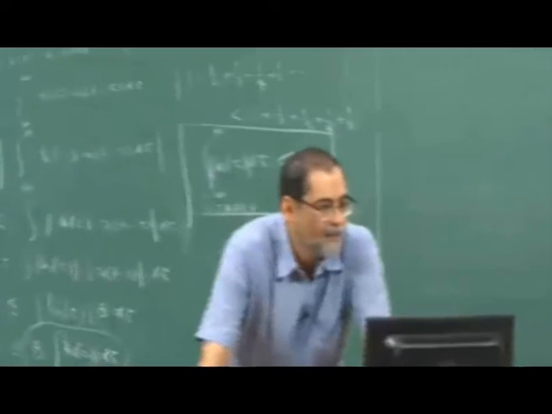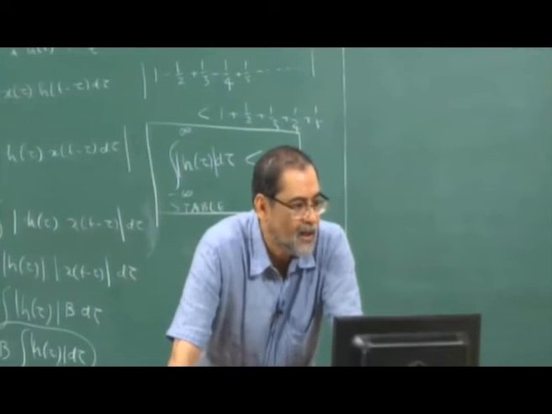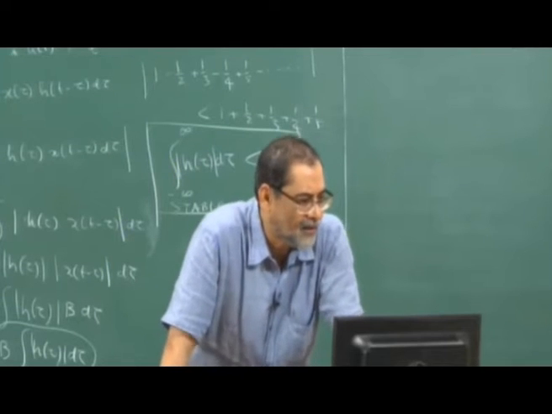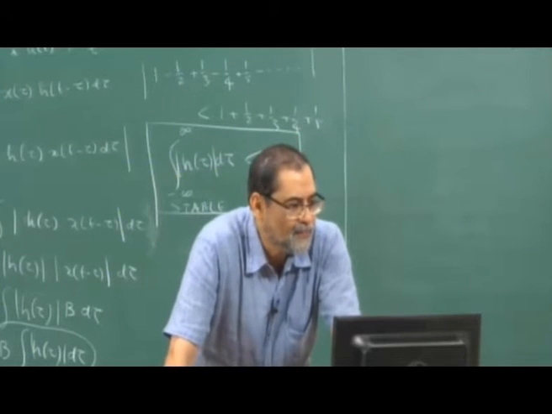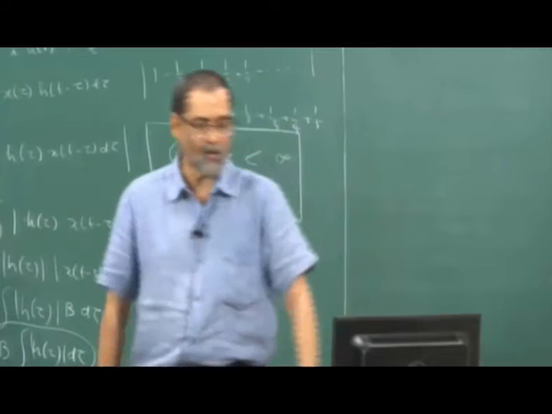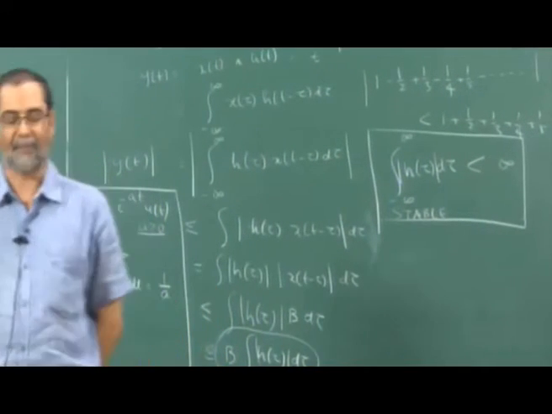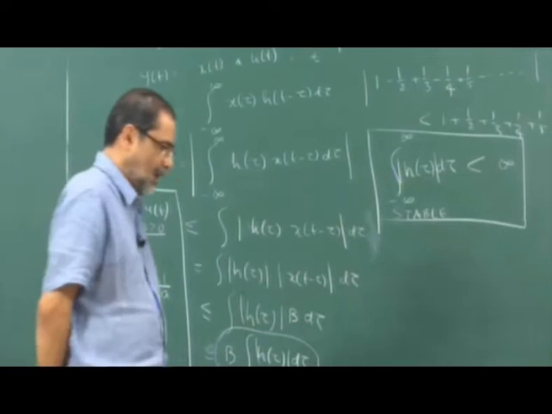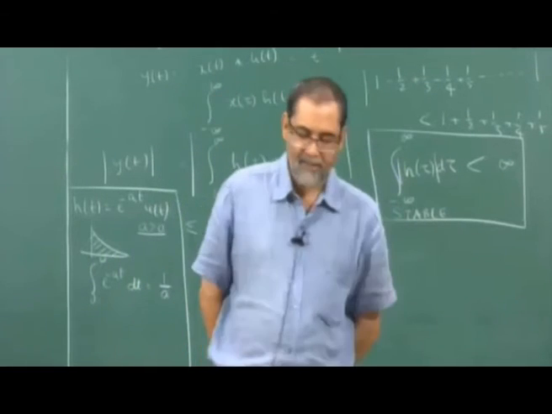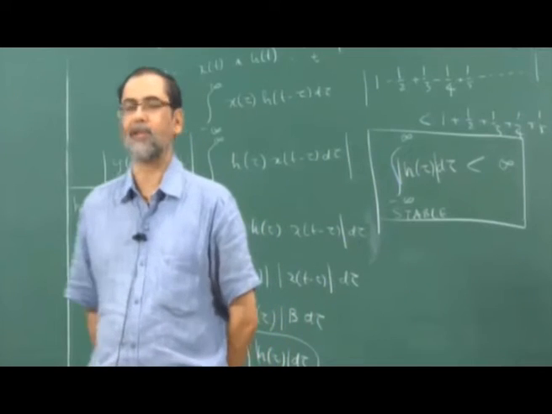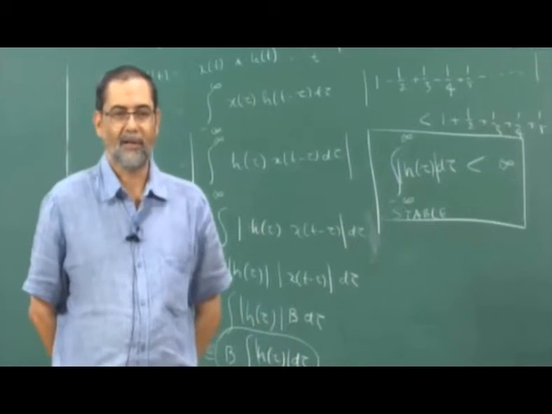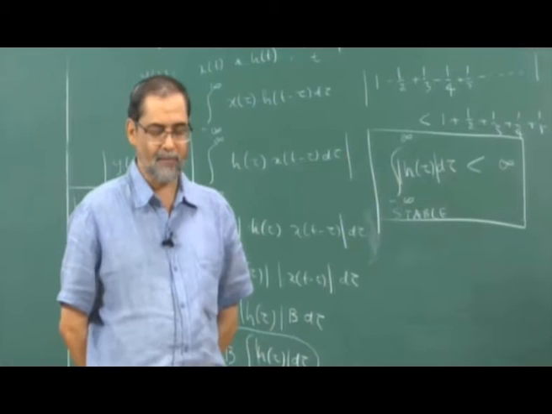Then the question is critically stable. The question from PSG Tech, which is a comment on the previous question whether u of t is absolutely stable, says critically stable. At least it is not bounded input, bounded output stability. I don't know, there could be different forms of stability.